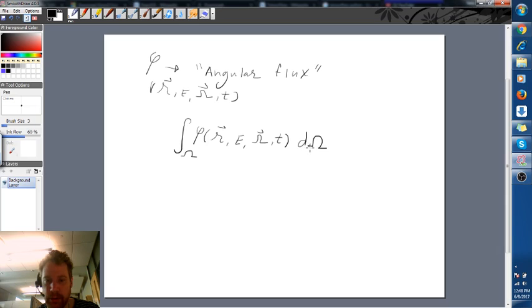So we're adding up all the directions, and we're getting what we call the energy dependent flux.